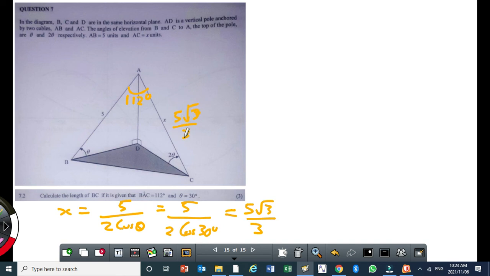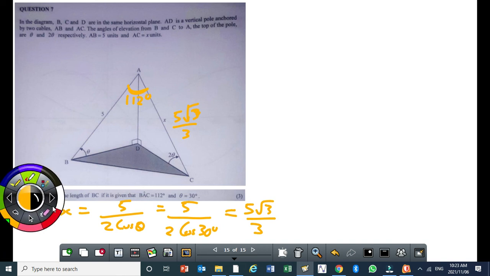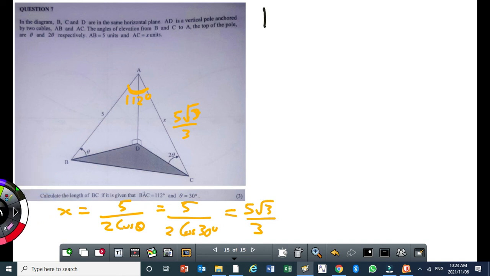Now, to get the length of BC, we know the angle which is opposite BC, we know the length of the two sides that form the angle. Which rule can you use? Sine or cosine? Cosine. Then use the cosine. So it wasn't as difficult as we think. So here BC squared is going to be equal to AB squared plus AC squared minus 2AB times AC cosine of what?